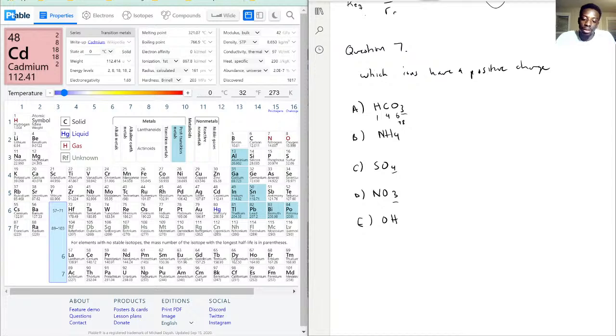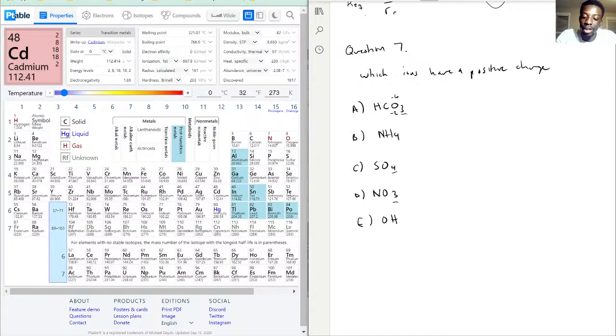And actually, there's a much easier way to do this. I don't know why I didn't think of this. Sorry about that. We just use numbers. So O likes to be -2, and hydrogen likes to be +1, and carbon likes to be +1. But in HCO3, the way it breaks down, O is -2, so that'll be -6 in total.